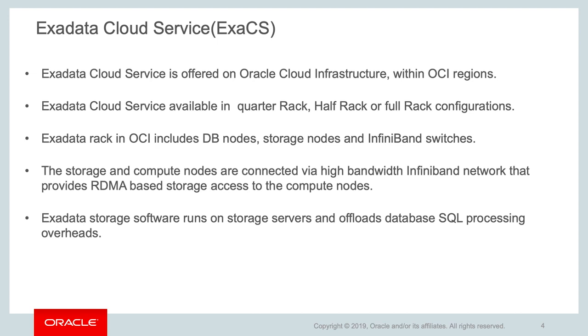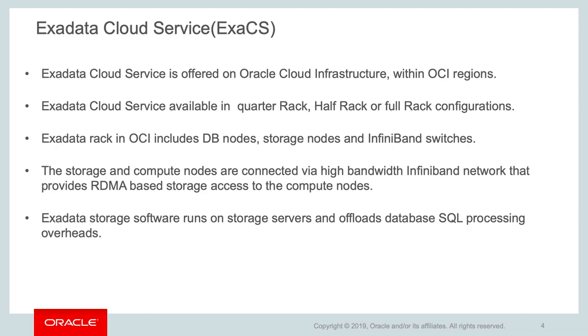An Exadata rack consists of database nodes known as compute nodes, storage nodes, and networking components like InfiniBand connectivity, switches, etc. They also provide RDMA-based storage access to the compute nodes, where RDMA stands for Remote Direct Memory Access.